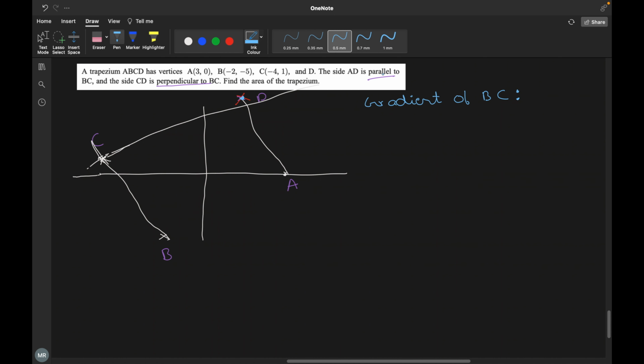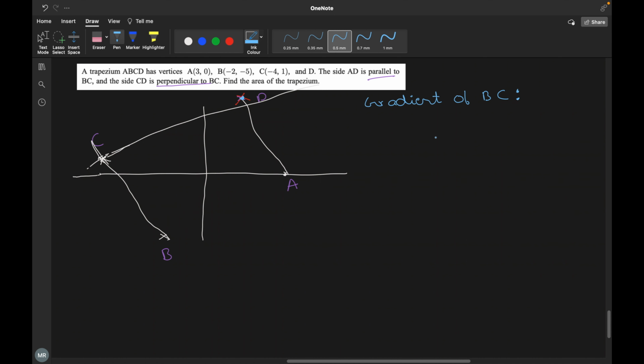So they have given us this information in order to find the equation of AD and CD in order to find D, which is the intersection. So that's what we're supposed to do.